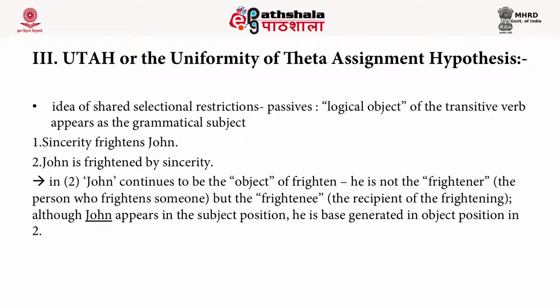Now if you look carefully, it's important to see that in sentence 2, John is still the object of frighten. He is not the one who is the frightener, the cause of frightening, but he is the frightenee, the recipient of the frightening thing. Although John appears in the subject position in sentence 2, it is still base generated in the object position for that sentence.